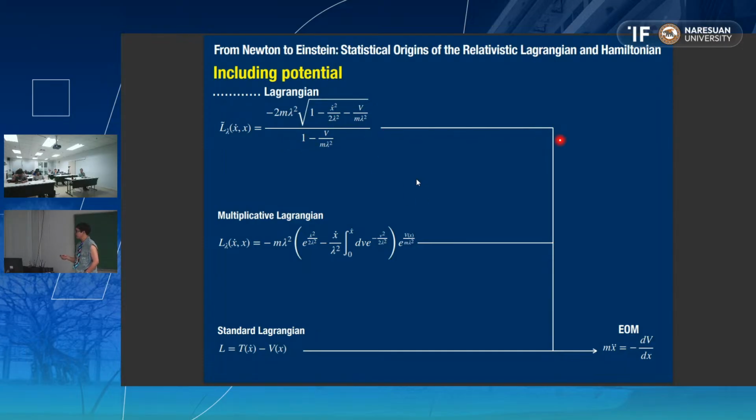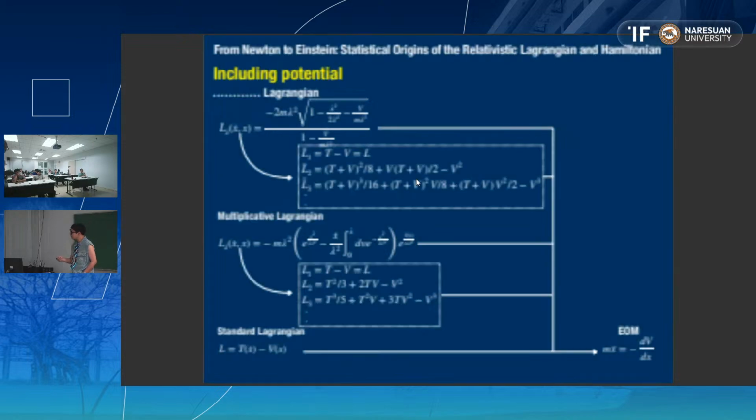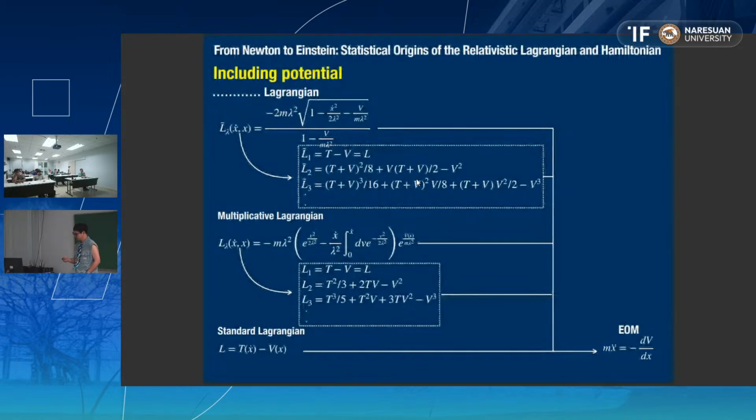And this new one, I don't know what it is yet, still gives you this kind of equation of motion. If you do a series expansion, you will get an infinite hierarchy again, which is a new hierarchy. You can see that the first Lagrangians are exactly the same, but from the second one they start to look different.